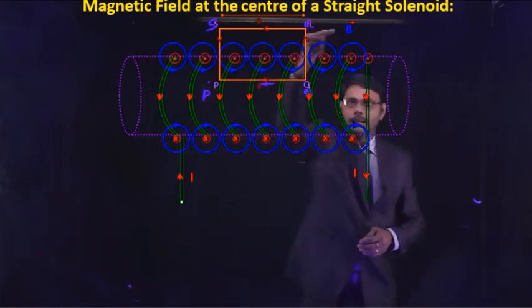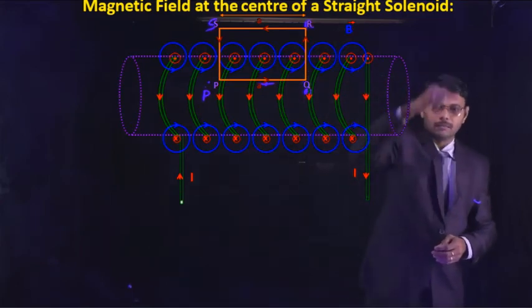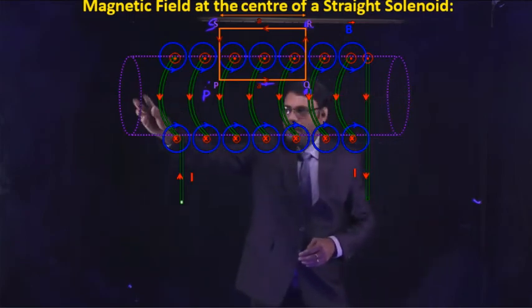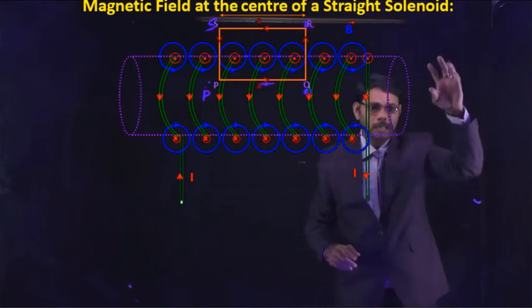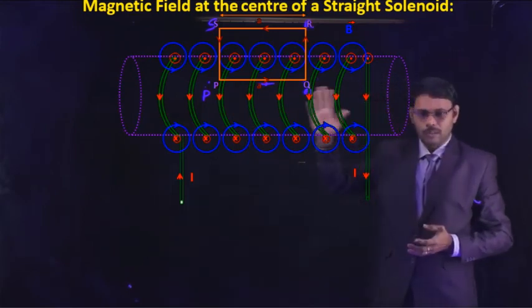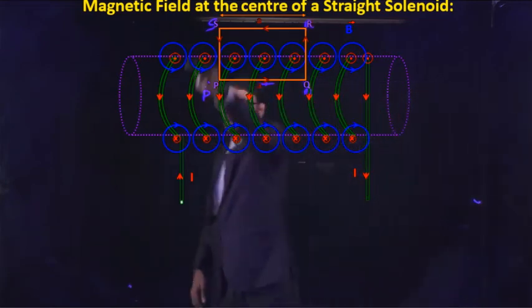It forms a solenoid. This end is connected to the positive terminal of the battery as explained in the previous video, and the second end is given to the negative terminal of the battery. Now the current is circulating like this.